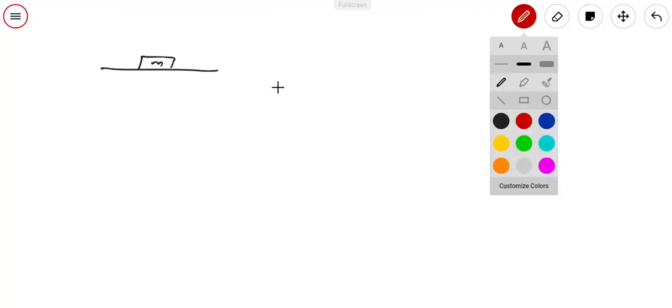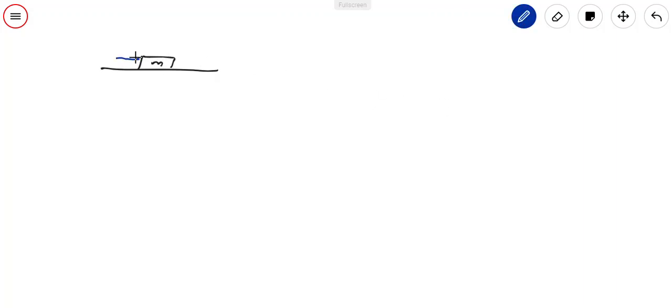So let us think that we have a block of mass m here, and then we have a force F acting on this block. This is maybe your hand pushing the block, right?